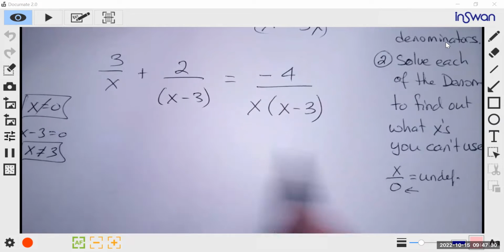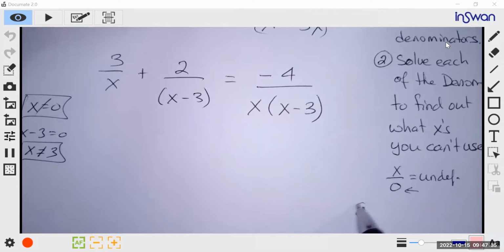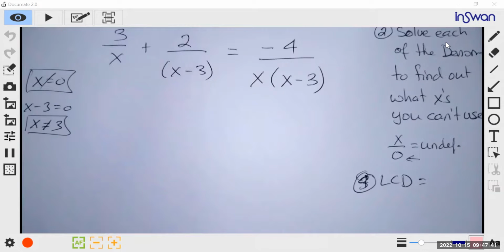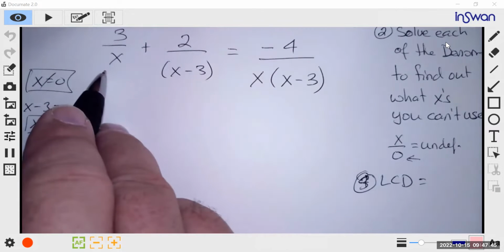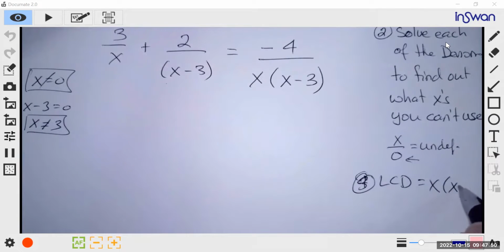Now, since I have them all factored, now I can do the LCD thing. What's my LCD? x and x minus 3. Those are all the denominators.